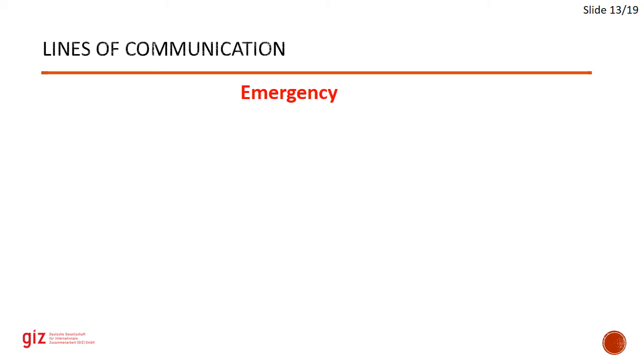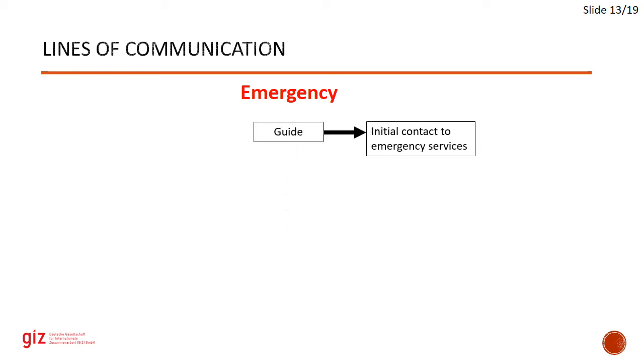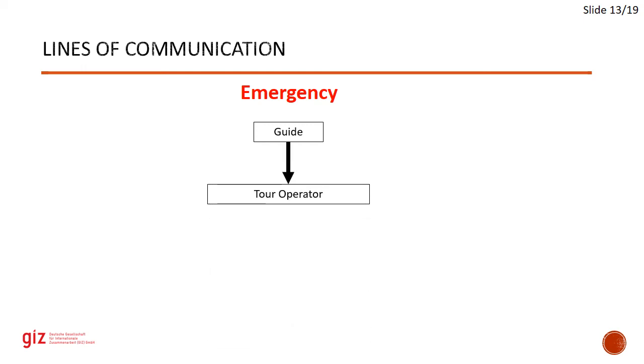When an emergency occurs, the guide will first be responsible. The guide should make the initial contact to the emergency services. The guide then calls you, the tour operator. Specifically, the guide calls the employee who is responsible for risk management in your company. As soon as this employee is informed, he or she will have to communicate with many different people.